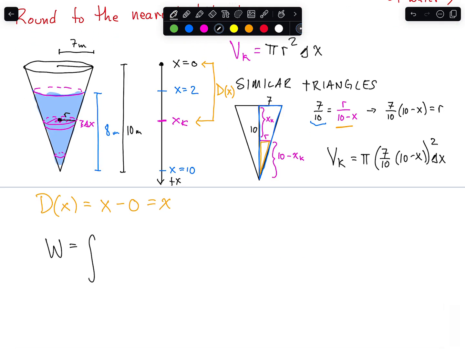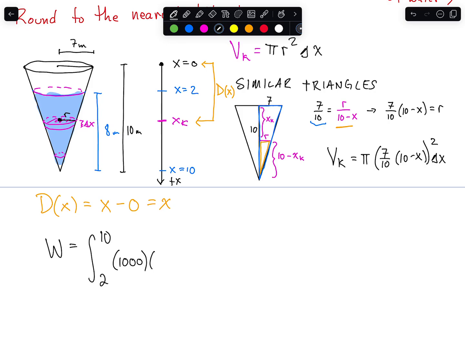So we're going to integrate from 2 to 10, because that's the interval where all of the water is. We're going to start at the top, pump all that water out, all the way down till it's drained. Then we have our mass density of water, 1,000 kilograms per meters cubed.